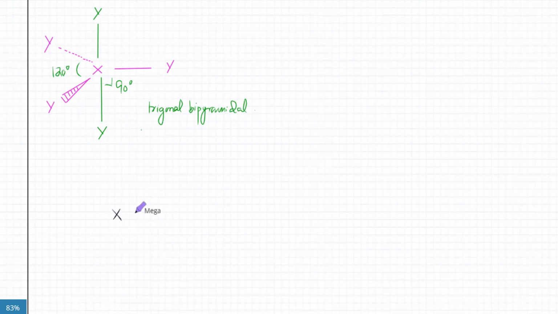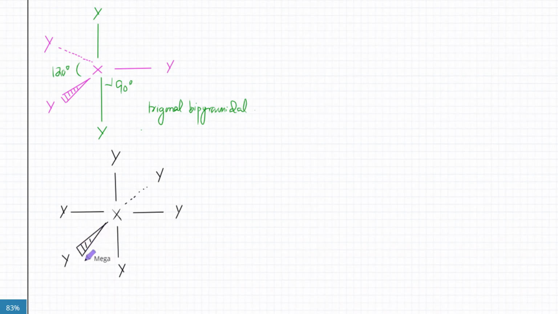If there's 6 atoms attached to it, there would be a bond on the right side, a bond on the left side, a bond on top, and a bond at the bottom. There would be a bond going behind it, and a bond coming out of it. So that is known as an octahedral shape.